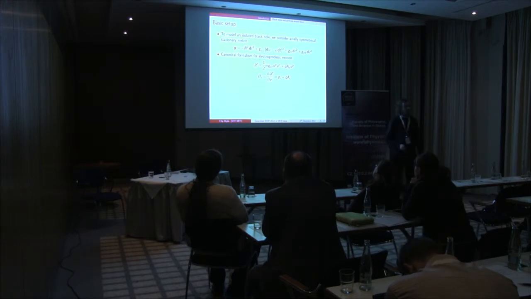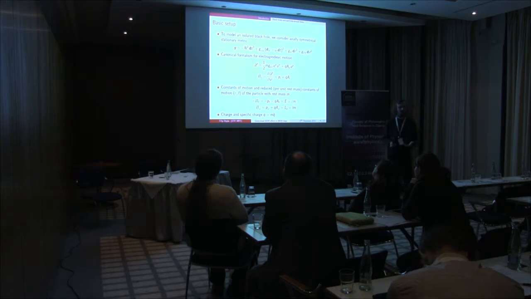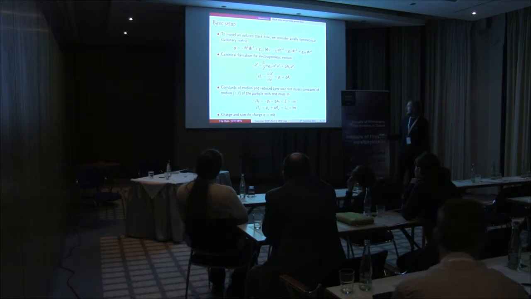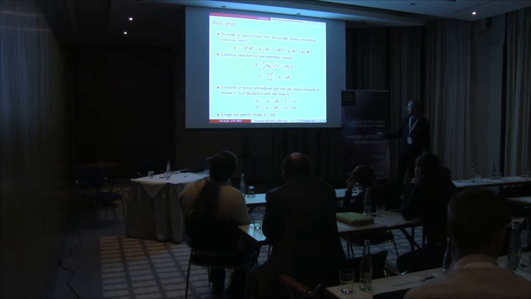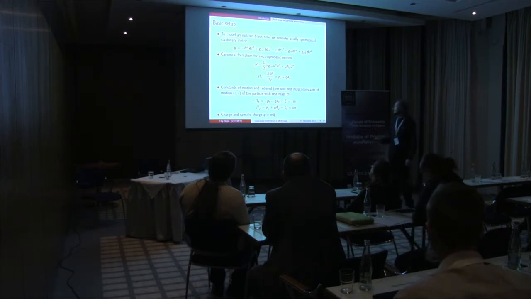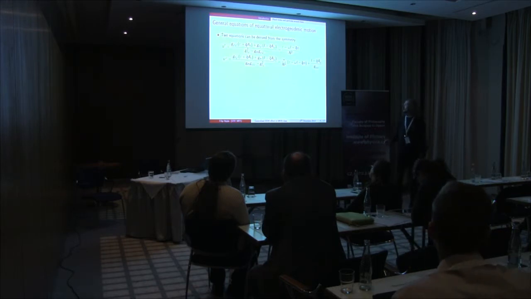Because of the symmetry that we assume, some components of the canonical momentum are conserved during the electrogeodetic motion. And these are energy and axial angular momentum. I use the specific constants divided by rest mass, and so I do for the charge. Many of us do so.